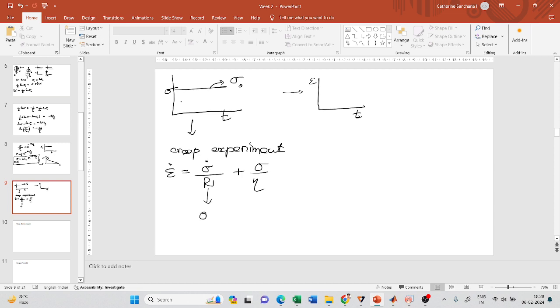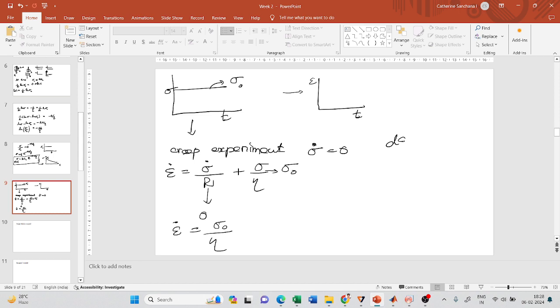Why is it 0? I'm subjecting the material to a constant stress, so the derivative of that stress will be 0. And sigma is equal to sigma naught. I'm substituting these values, and this is what I get.